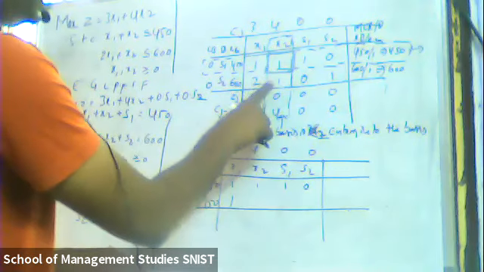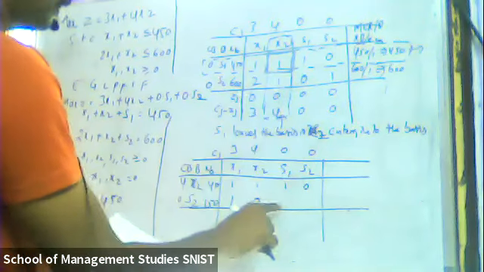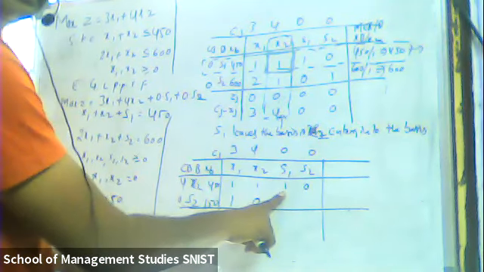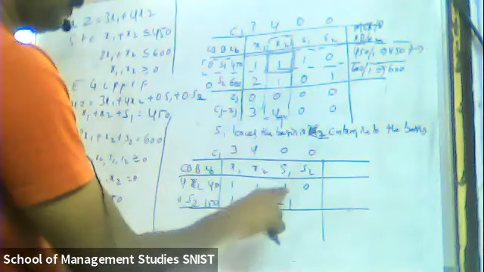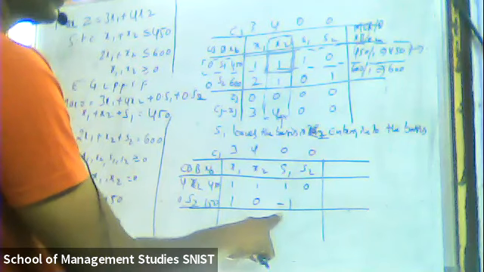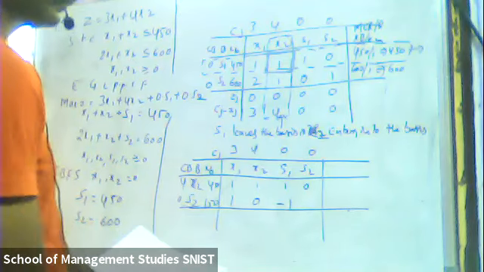Now 1 minus 1 into 1 is 0. 0 minus 1 into 1 is minus 1. Next, 1 minus 1 into 0 is 1. Okay, clear?